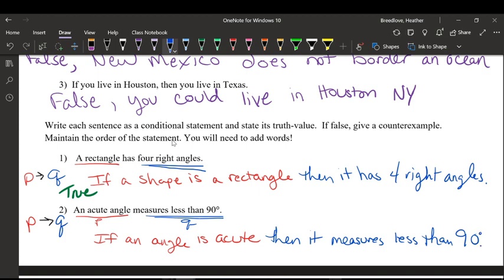So if P, then Q. If hypothesis, then conclusion. Is that true? Yes, it is true, because the definition of an acute angle is an angle that measures between 0 and 90 degrees. So that is true.